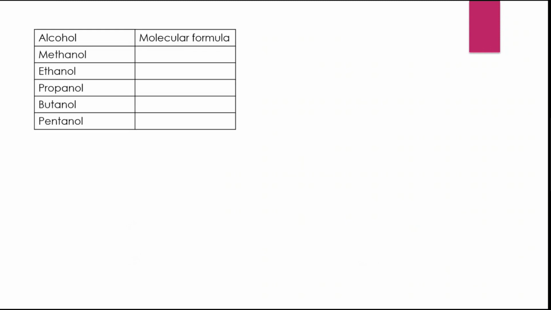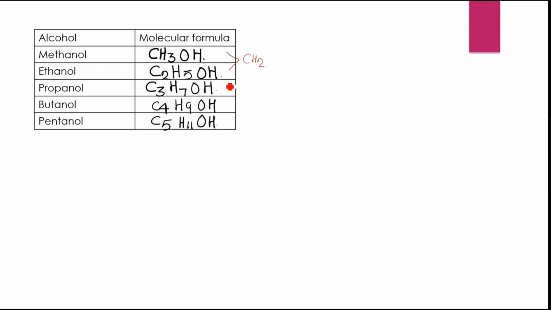Let's see another example, the homologous series for alcohols. So methanol. The formula for methanol is CH3OH and the formula for ethanol is C2H5OH. Again, both differ by one CH2 group. Similarly, ethanol and propanol, again they differ by one C and the hydrogen difference is 2 hydrogens.